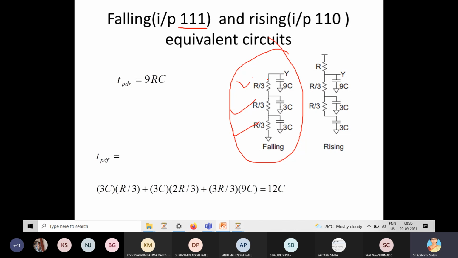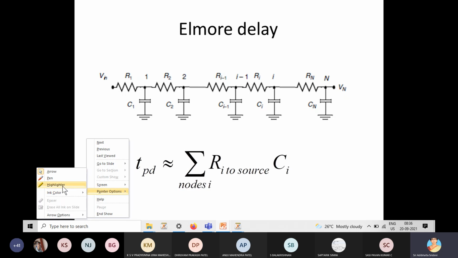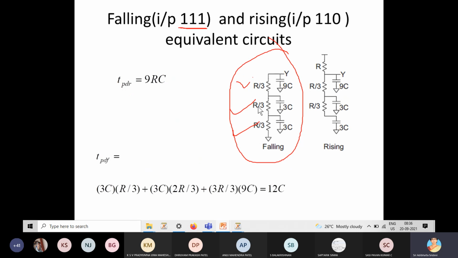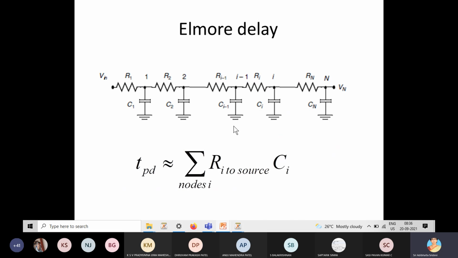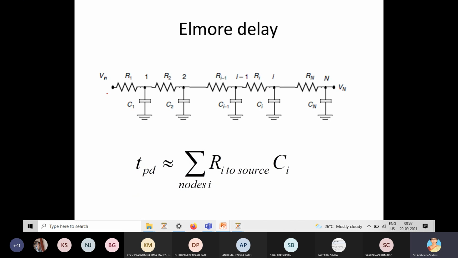Whenever we have an RC network like this, to find the total delay involved, we have to use the Elmore delay formula. Please remember it.